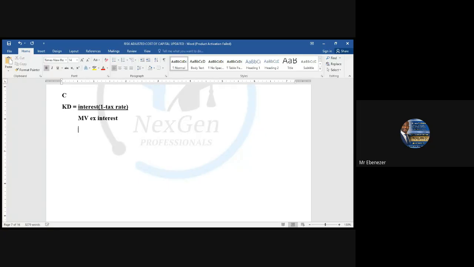Let's check it. So interest rate 6.5. We can convert 6.5 to naira: 6.5 divided by 100 times the nominal value of 100, so this will be 6.5.